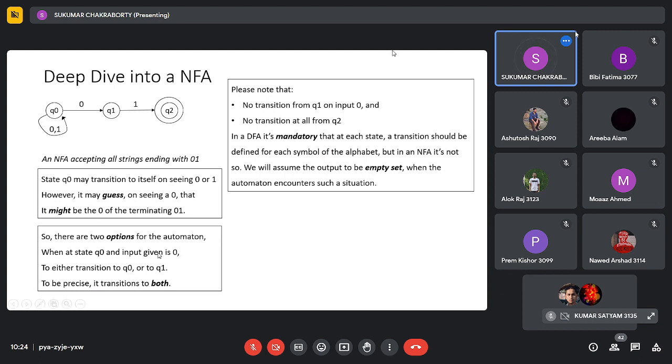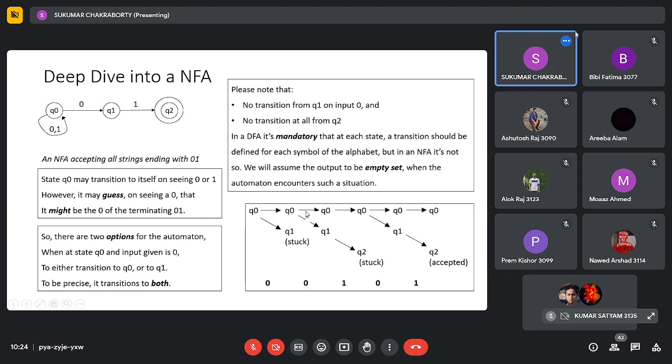Right? So now let us see a pictorial way of computing the acceptance. The machine at the very beginning is at Q0. We know that this is the start state. Now the first symbol which is fed is 0. So after 0, what are the output states?